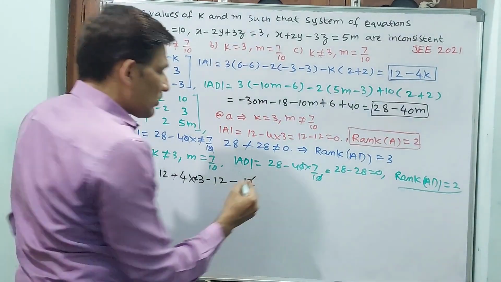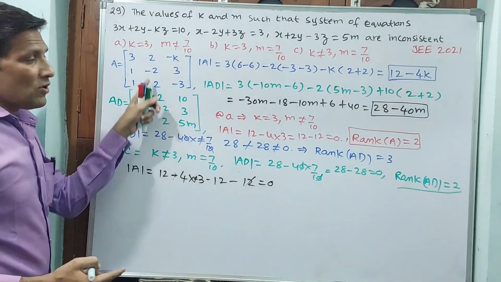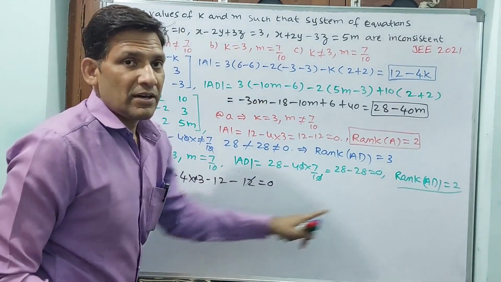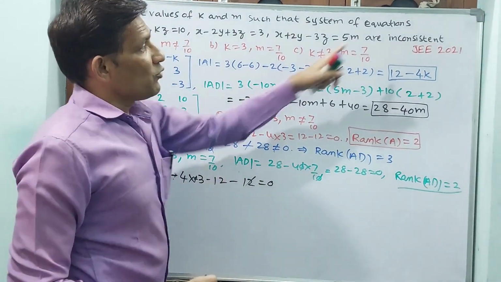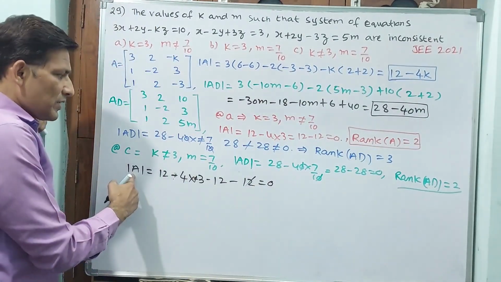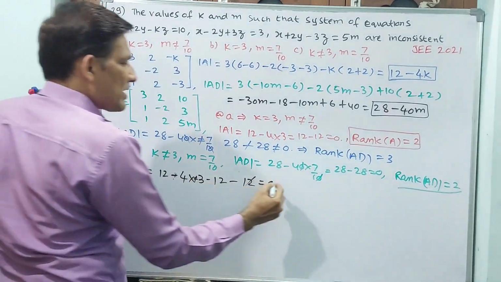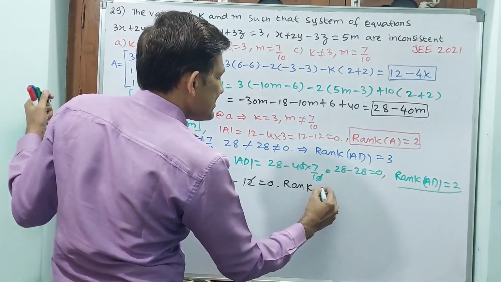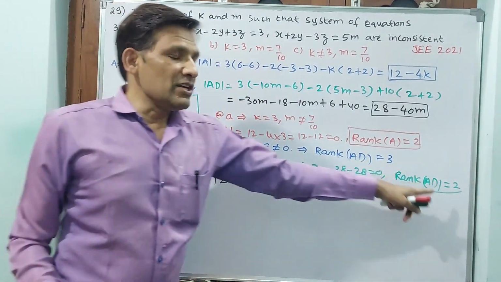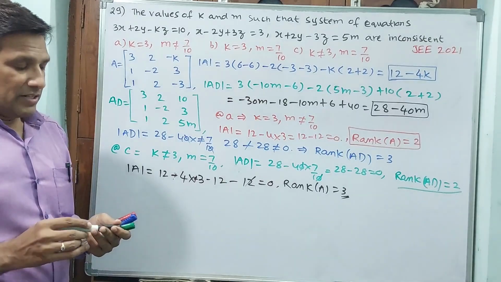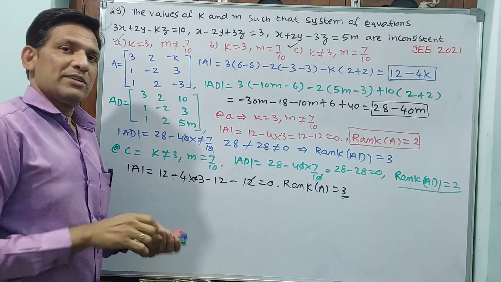If it is 12 minus 12, again it is going to become 0, and if you go back inside, it is not 0, then rank is going to become 2. Both ranks are same, then this is going to become consistent. But you require inconsistent. That means if k is not equal to 3 and m is 7 by 10, then automatically this rank is going to become 3. Rank of A is 3, rank of AD is 2. Again, inconsistent. That means here two answers are there, A and C. Okay, let us go for the next question.